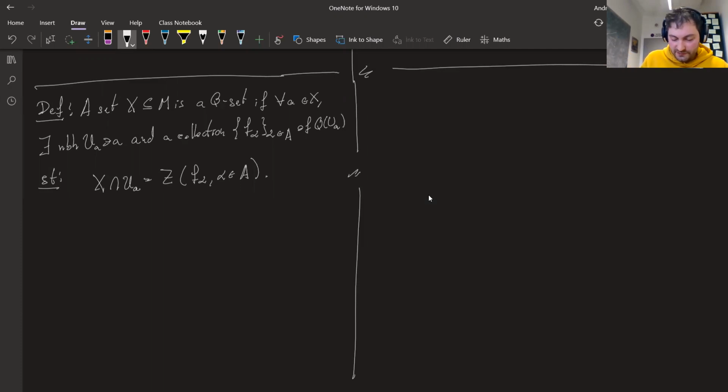Now, since we have this idea of passing through a collection of functions, it is natural to work with the notion of ideals.